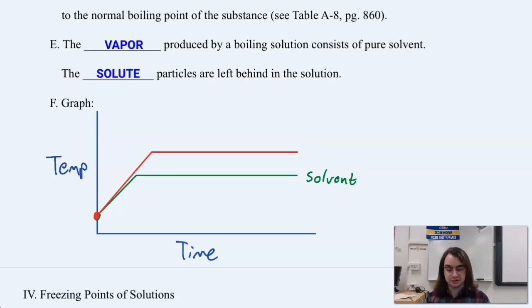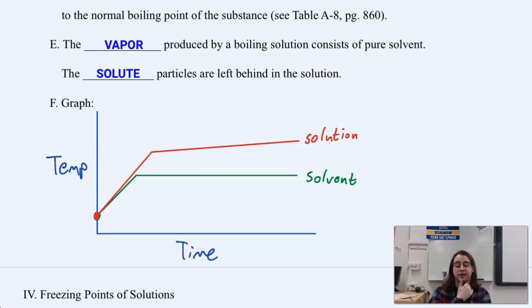It's not going to be just a straight line. Instead, you might notice that the temperature of the solution slowly still goes up. So this is the solution. And you might think to yourself, well, why is that? Why is it that the solvent by itself stays constant, but the solution steadily increases while it boils?